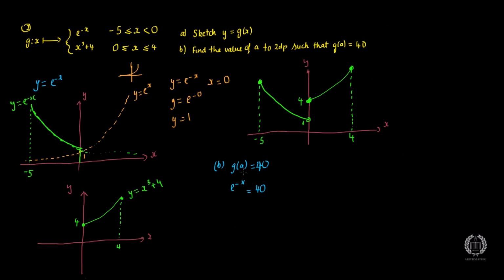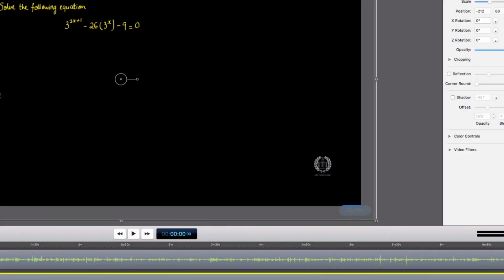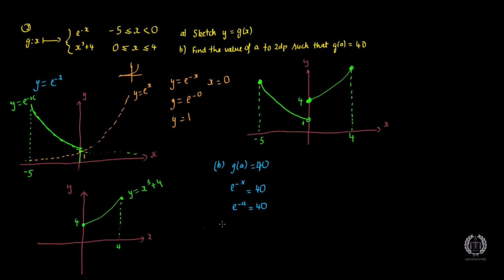One thing I forgot is, because you see a now, instead of x, you're going to put a. So it's going to be e to the minus a equals 40. Now, how do we get rid of the ln? Sorry, e. I just said the answer, didn't I? Okay. So if you want to get rid of e, you have to do the opposite, which is ln. Remember ln?